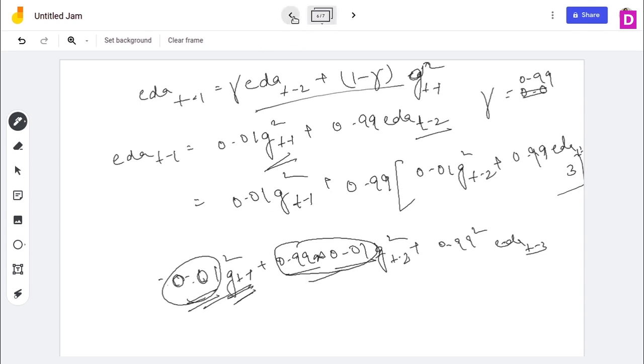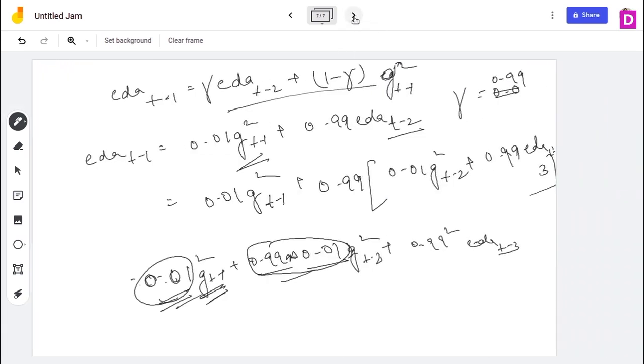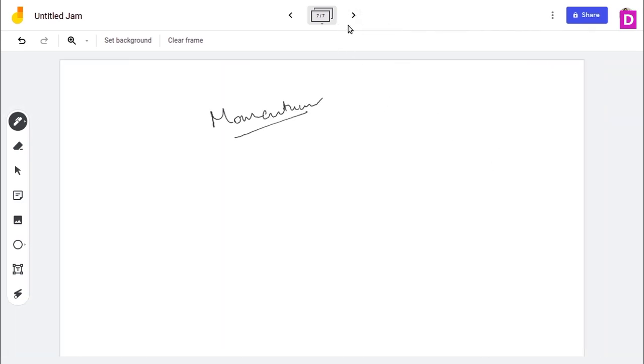What happens is, our denominator term will not increase very fast. Since our denominator will not increase very fast, the eta dash, that is the learning rate, will not decrease very quickly, and hence we will not come across the problem that our weights will become equal and we will never be able to reach the minimum loss. So that will not be a problem.